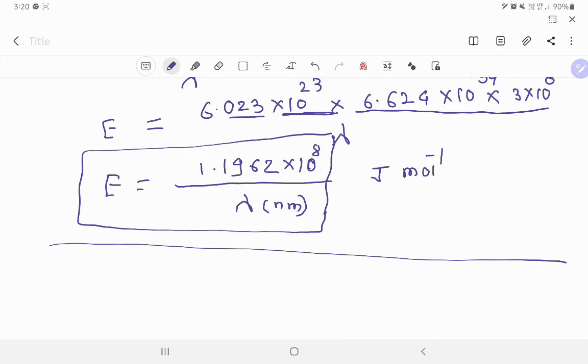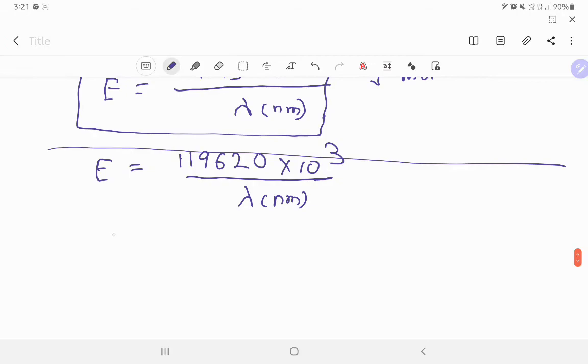Now, if we consider actual photochemical reactions, you can simplify this further. E is equal to 11962 into 10 raised to 3. We are taking 5 digits to the right side: 1, 2, 3, 4 and 5, divided by lambda in nanometer.